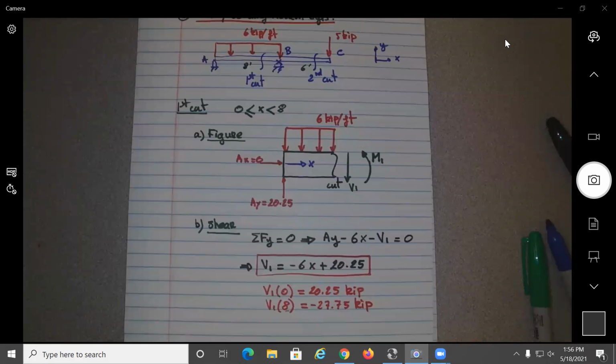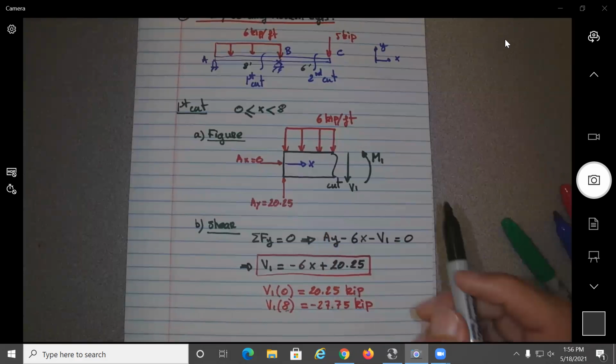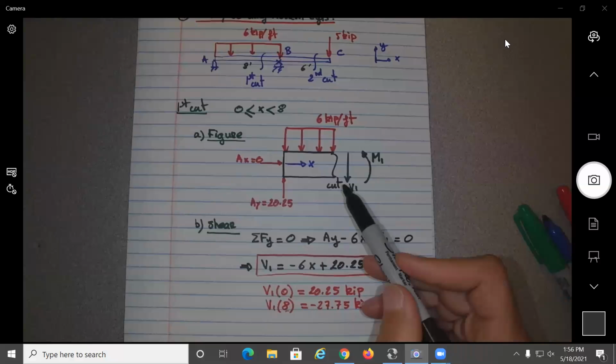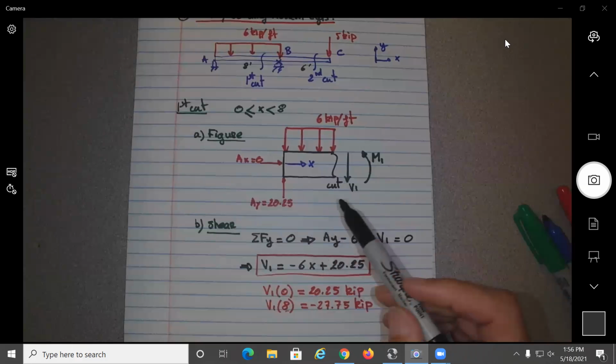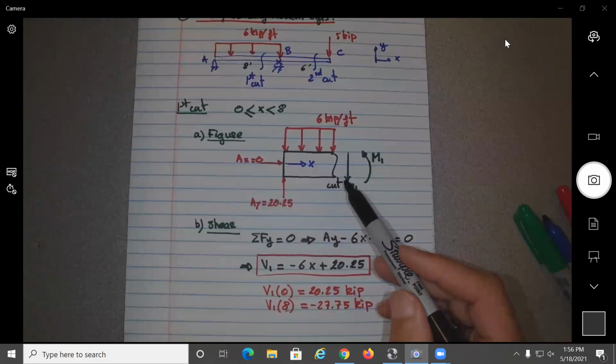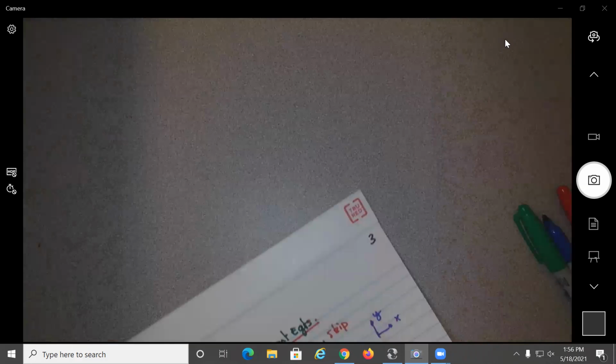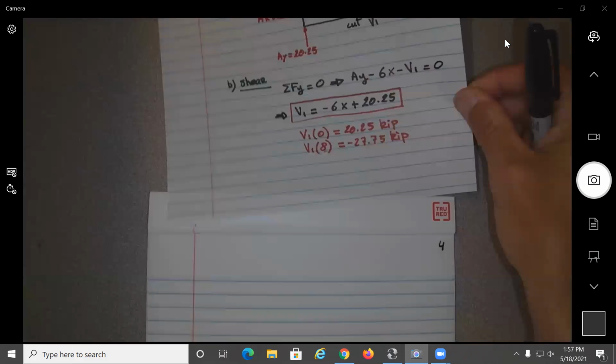All right, now from this figure, we do exactly the same thing, but this time we're going to take the moments about the cut. Okay? You could take it about point A, but just always do it about the cut. It's easier, okay? All right, so we take moments.